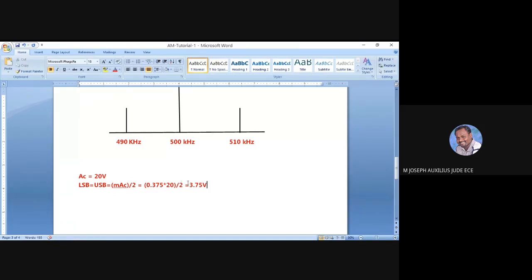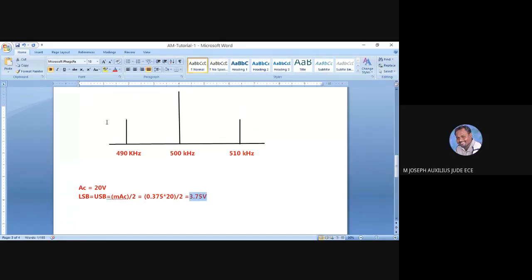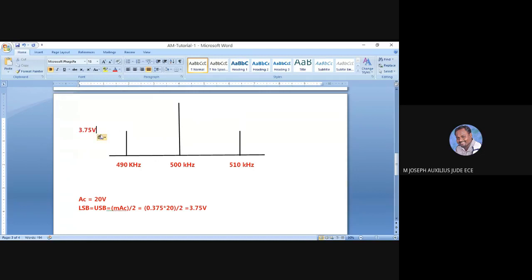So now the job is over. Let's add on. So here this side is 3.75. What is the upper one? 20 volt.